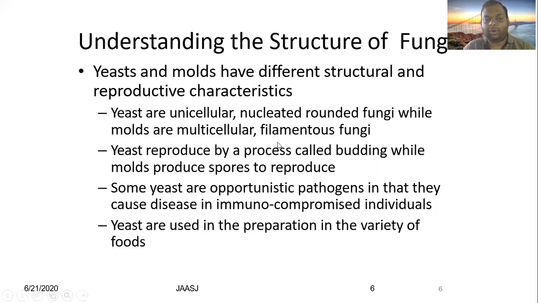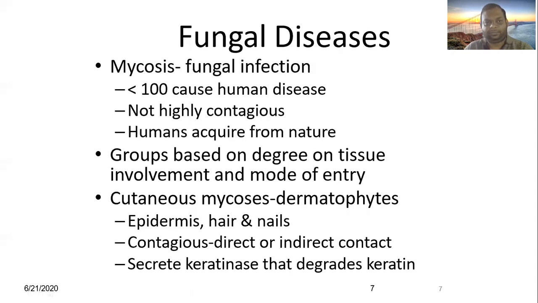Here they are more or less similar, but this one is a fungus. Yeast reproduces by a process called budding, while molds produce spores to reproduce. Some are opportunistic pathogens, which cause disease in immunocompromised individuals. There are other beneficial uses too. Yeasts are used in the preparation of a variety of foods.